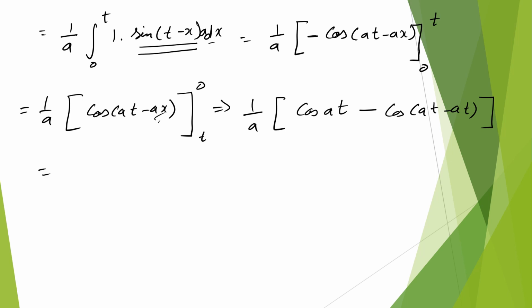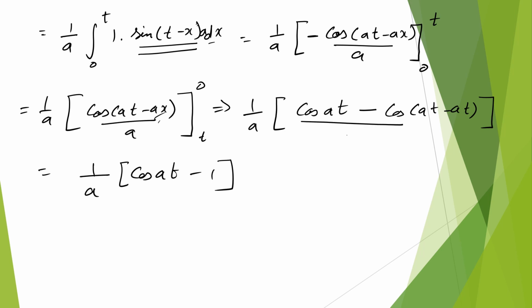So this will be 1 over a into (1 minus cos at). But when we integrate sine, one more a is missing, so it will be a squared.